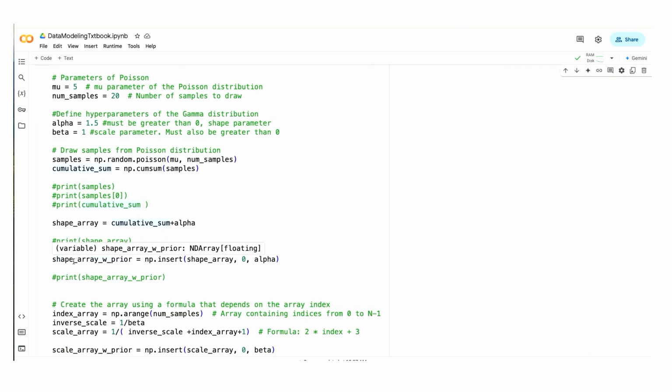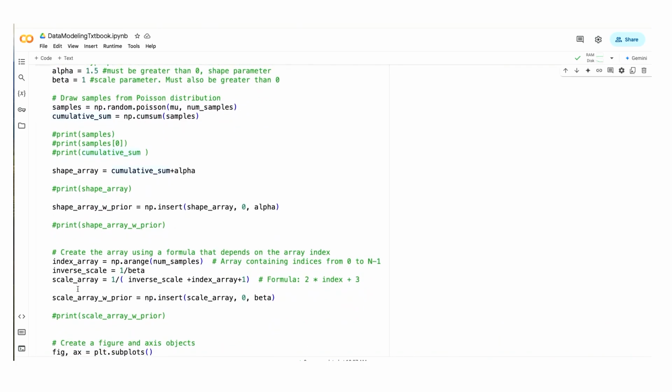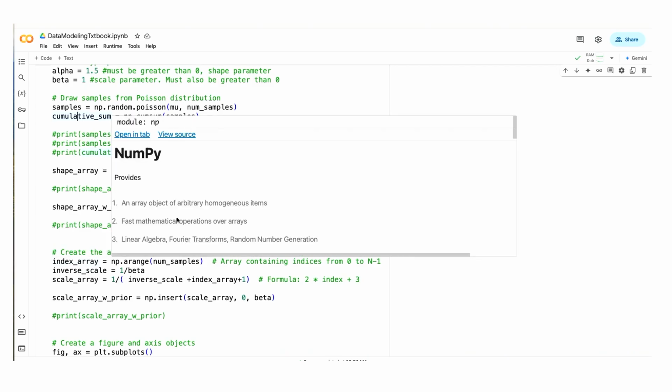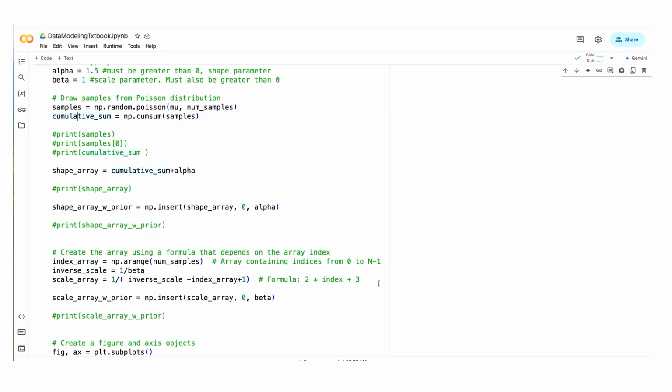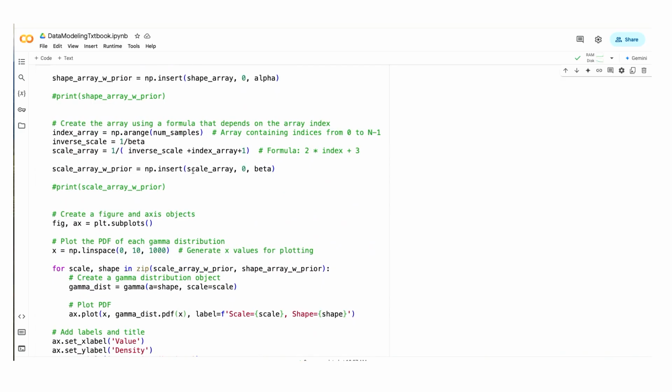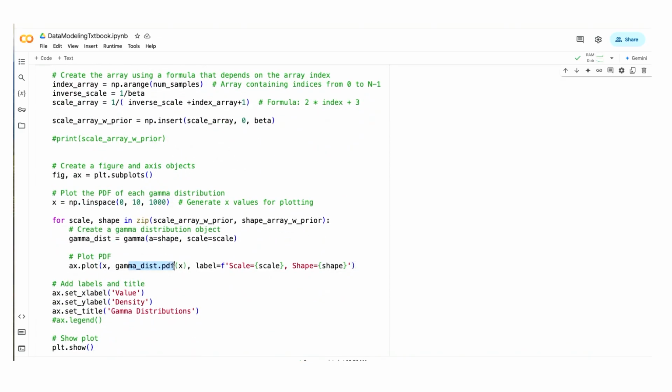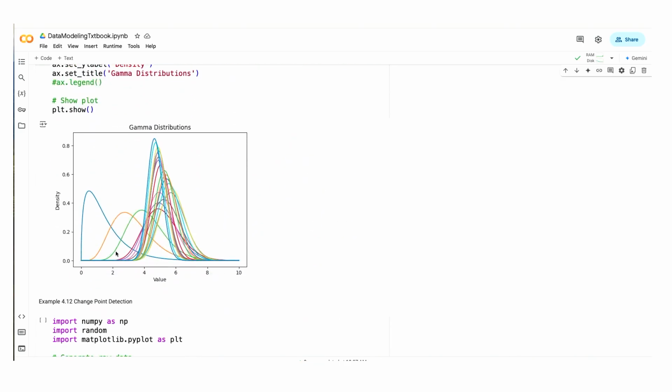And then finally, the rest is pretty much the same as the previous example. I have to find the successive values for the parameters of my gamma distribution as I collect more and more data, and then eventually just plot my resulting gamma distribution.